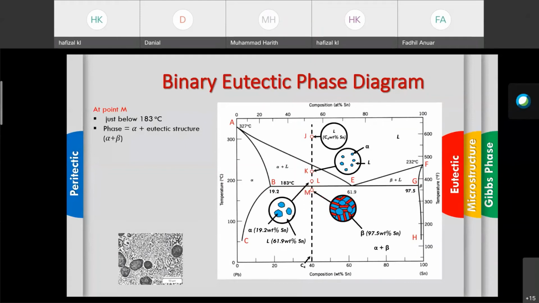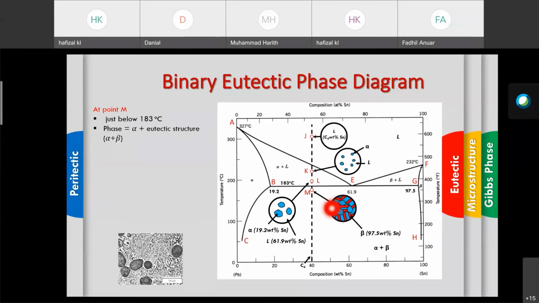We can see a eutectic structure takes place, where we have the existing of alpha and beta. The microstructure is something like this. The blue color is alpha, and the red color is beta.